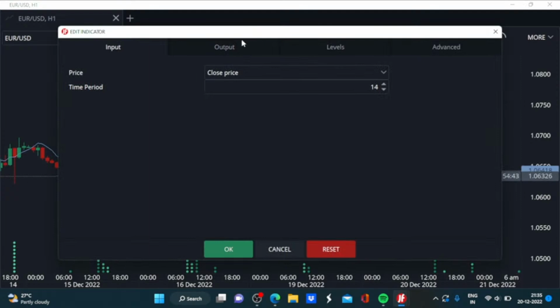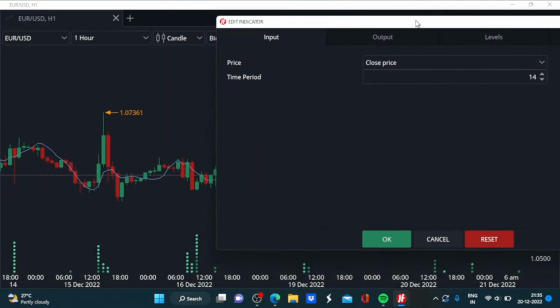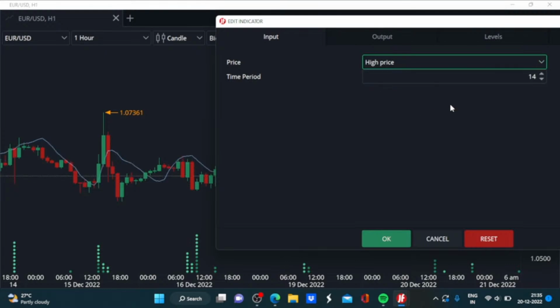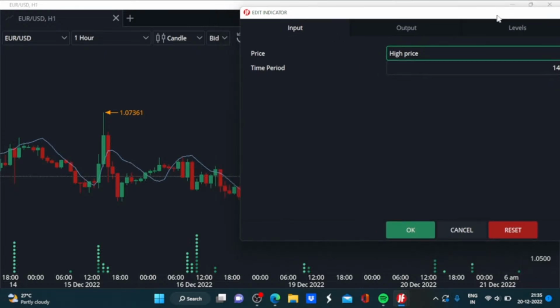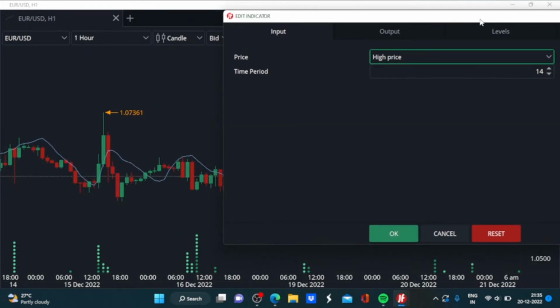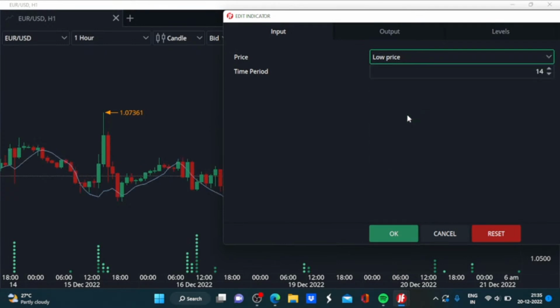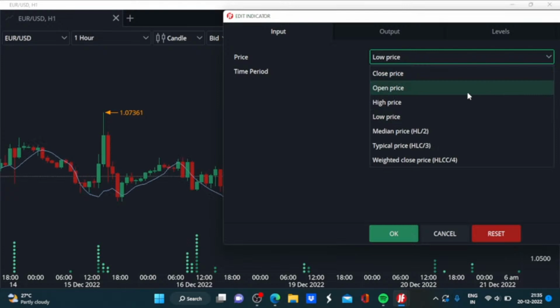We can vary its applied price, so we get this option of utilizing different applied prices. We have the close price currently being used as its applied price. Now if we want to vary it, we can always go for different types of applied prices, and based on that you will observe significant deviation in the plotting of the time series forecast.